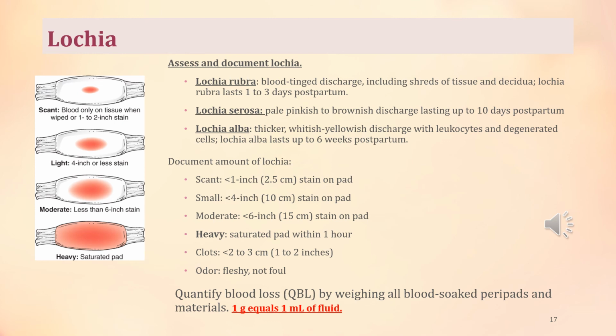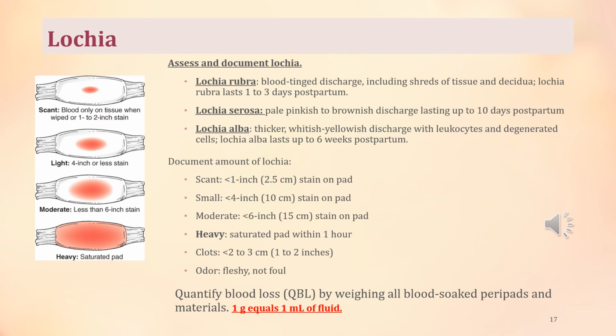So you may not see as much bleeding right away from a C-section patient, but definitely a patient that delivers vaginally, you're going to see lots of lochia, which will be described as rubra.